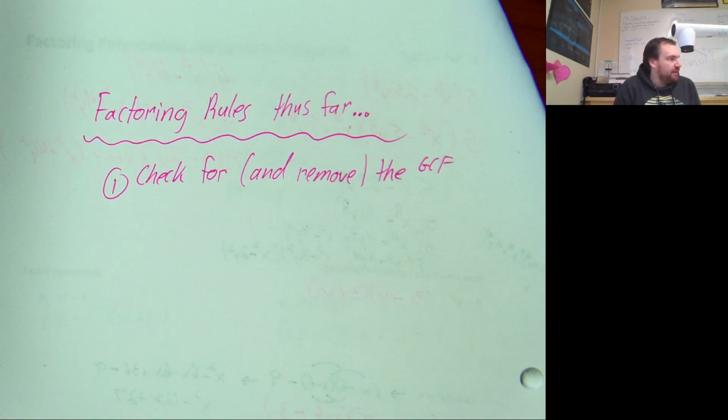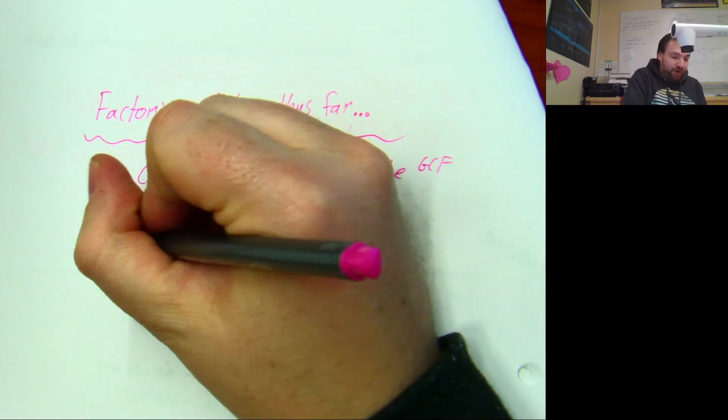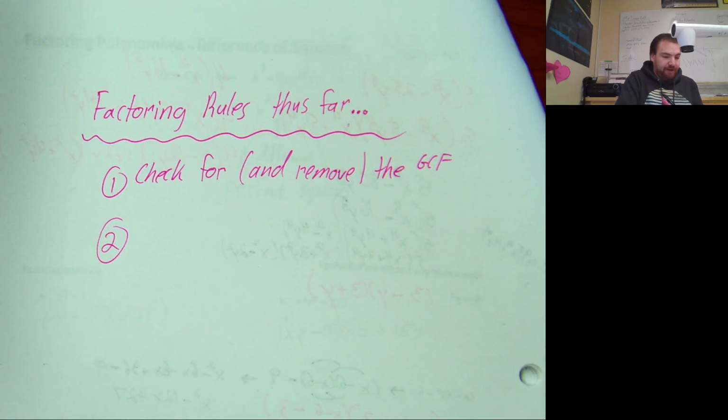What is the next thing that would be useful to look for? Just because I taught them to you in a particular order doesn't necessarily mean that that is the order in which you should look at things. After you've checked for and removed, if possible, the GCF, the next thing you want to look for is that special case I gave you yesterday.